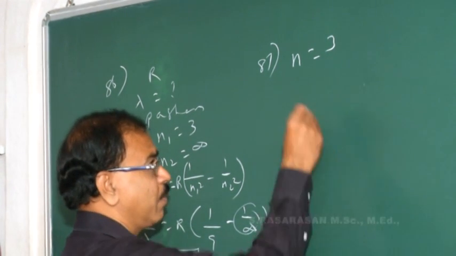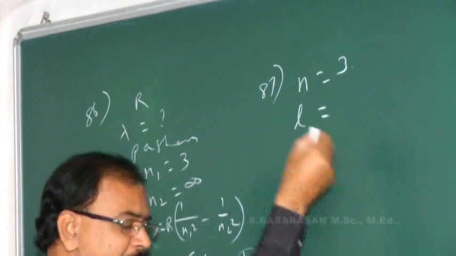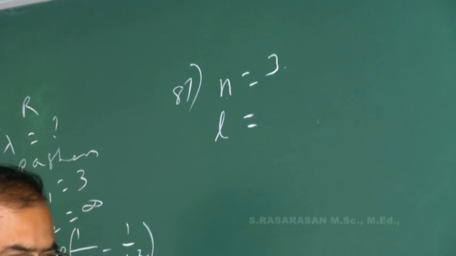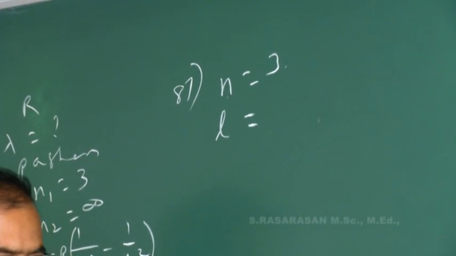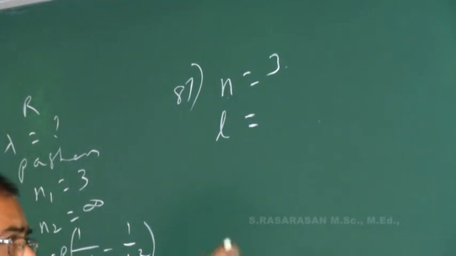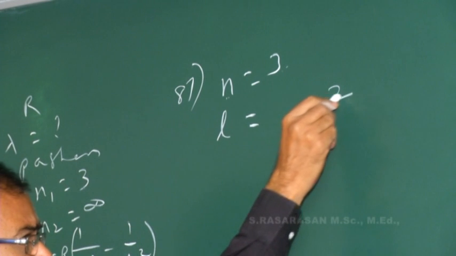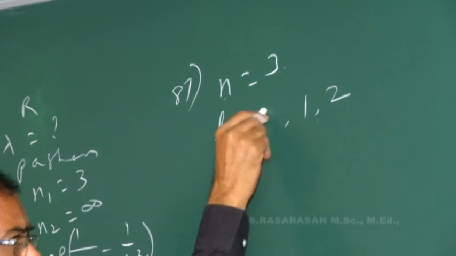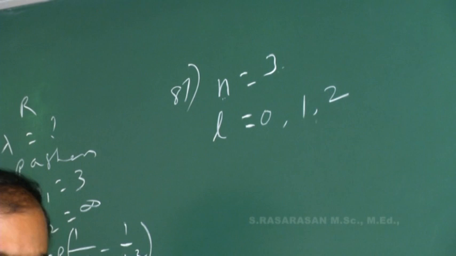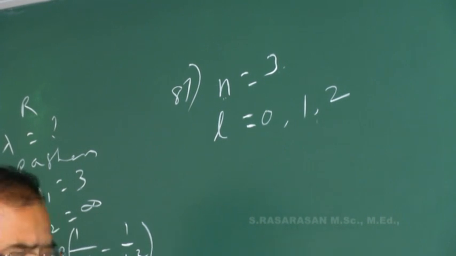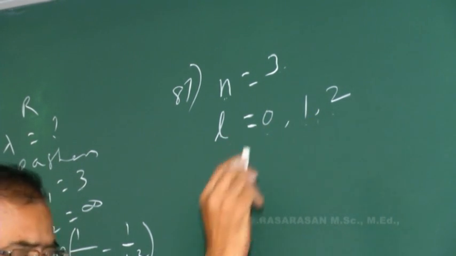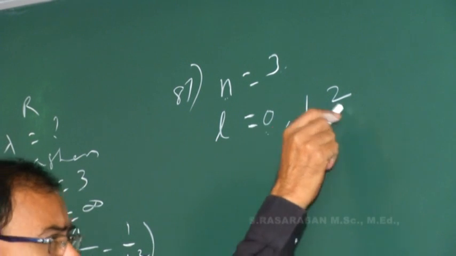If n is equal to 3, L can take values, as I explained during the discussion of the previous problem, from 3 minus 1, that is 2, then 1, then 0. So the possible values of L are 0, 1, 2.